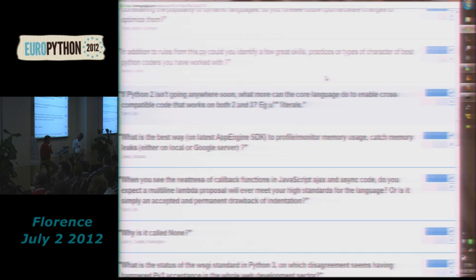Next question. If Python 2 isn't going anywhere soon, what more can the core language do to enable cross-compatible code that works on both 2 and 3? For example, the u literals. I don't know. I don't think that the core language has to change much at all at this point.